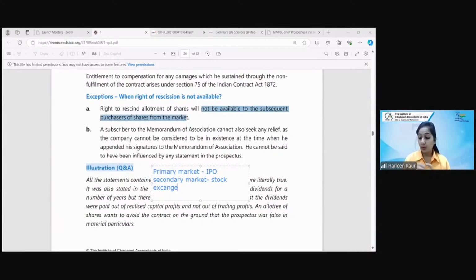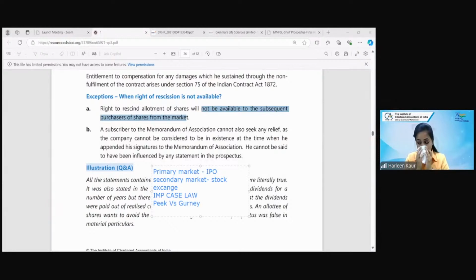Now, what happened? There was another very, very important case law: Peek versus Gurney and EY. What happened in this case law?